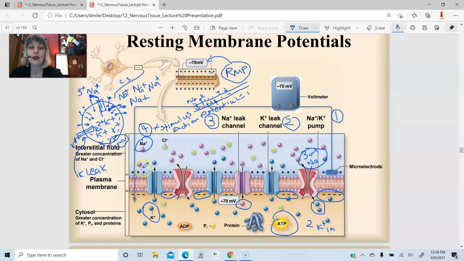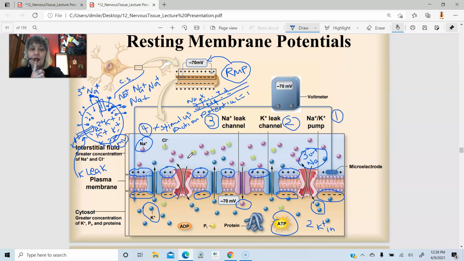And that's why when you're looking at this image here, we are seeing a lot of positive, and that is a representation of the fact that we have way more positive charge on the outside than we have on the inside. Why? Because when we started at the beginning of this review, we noticed all these little purple spheres representing the sodium ions. Well, they're positively charged, right? So anyway, I just wanted to make sure you realize that.